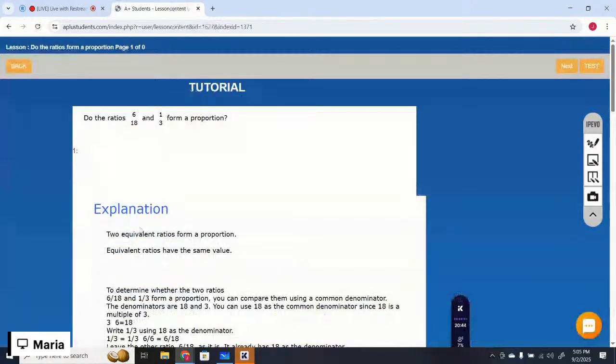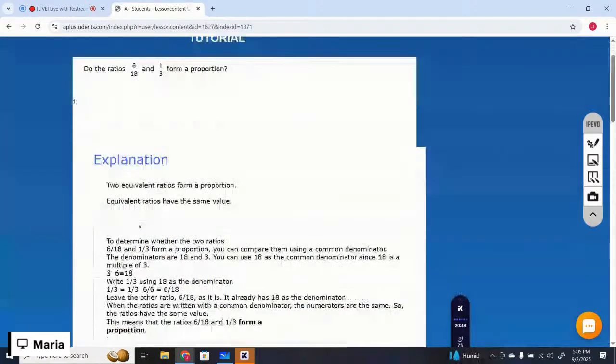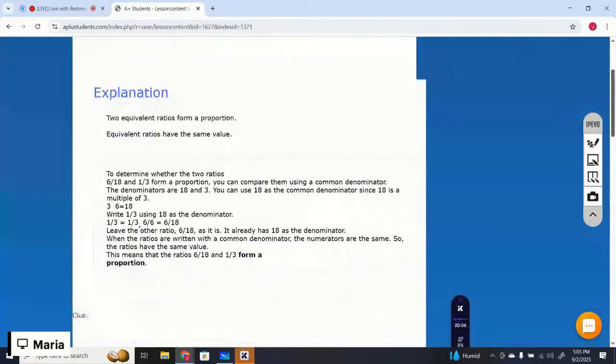Do the ratios 6 by 18 and 1 by 3 form a proportion? So let's see. To determine whether the two ratios form a proportion, you can compare them using a common denominator, right? The denominators are 18 and 3. You can use 18 as the common denominator since 18 is a multiple of 3. So you can make the other fraction, 1 by 3, have the same denominator, 18, right?